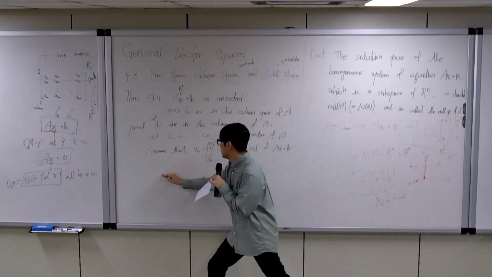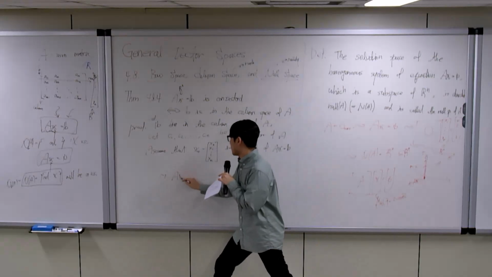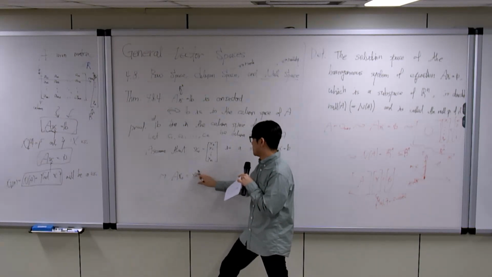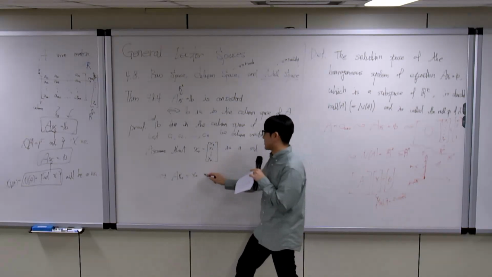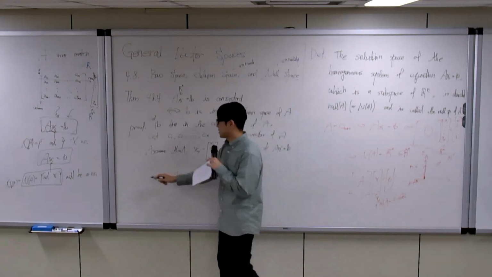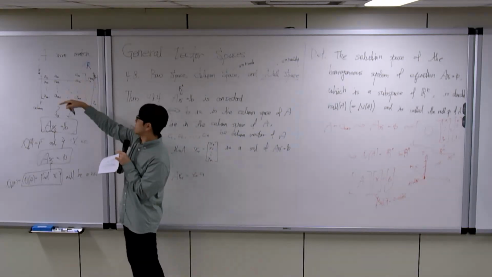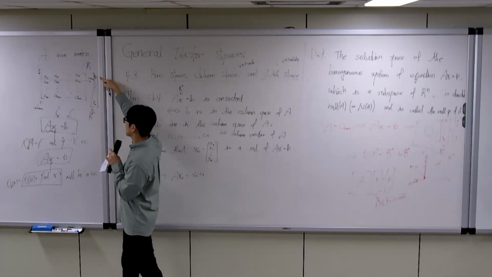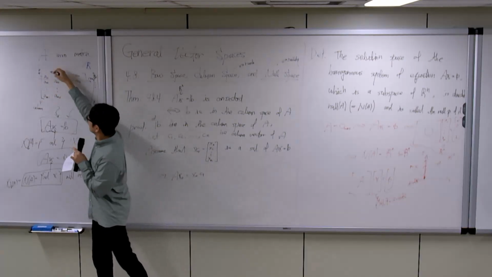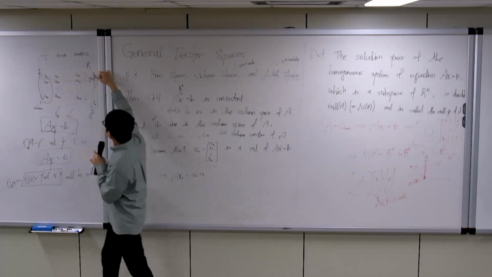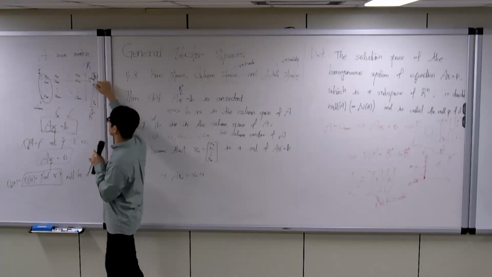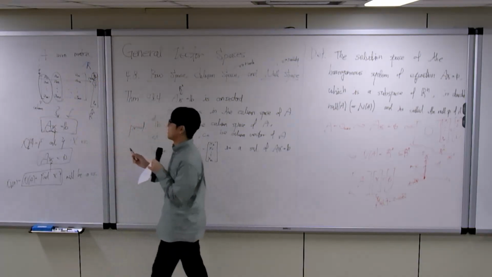Then Ax0 will be a linear combination of the column vectors, because in matrix multiplication, x1 multiplies the first column vector and x2 multiplies the second column vector.